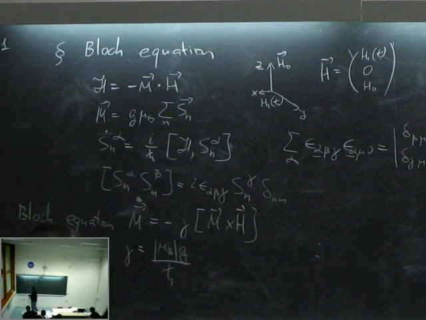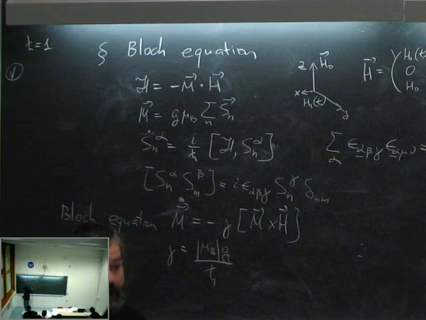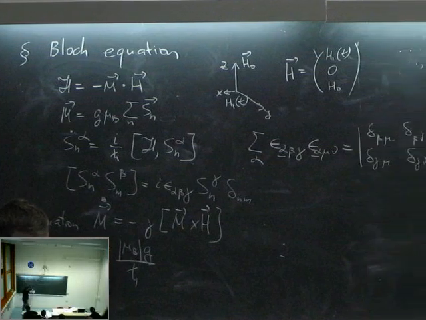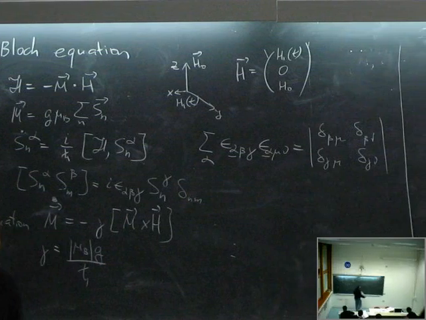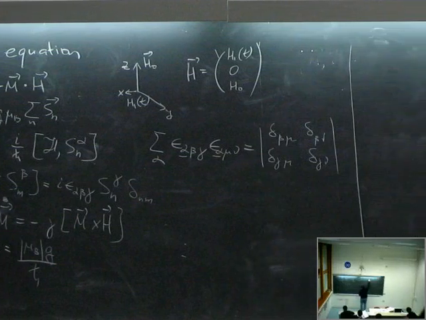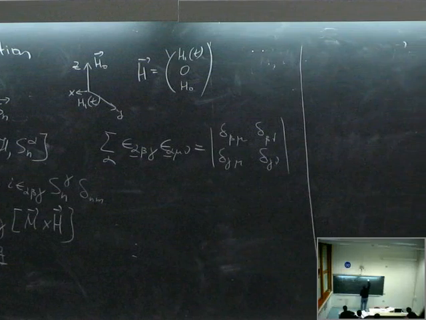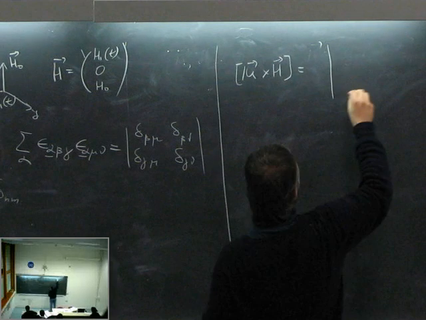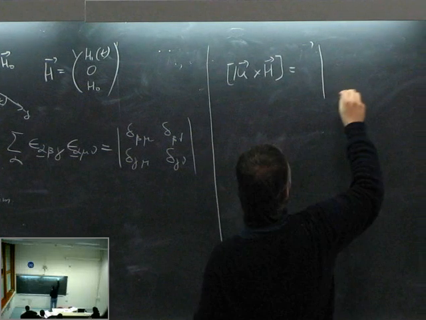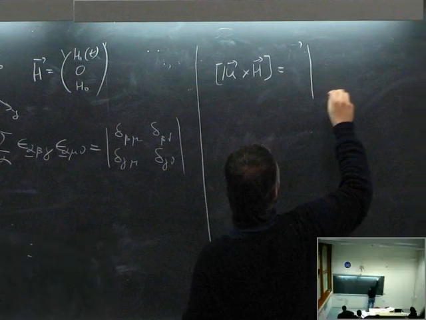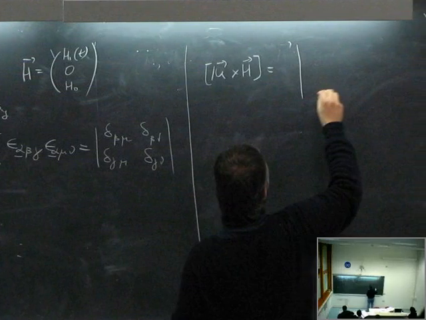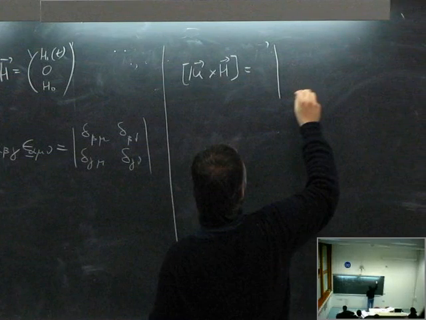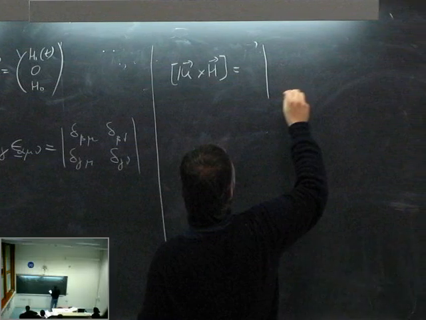Okay, let's write down this equation component by component. So you see that here there's a vector product. So m cross h is a determinant x, y, z. I assumed that my magnetic field is (h1, 0, h0).